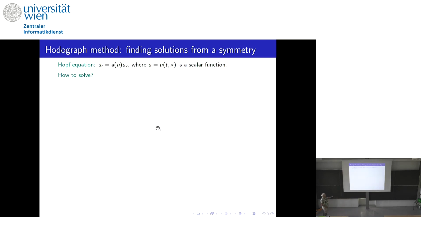So now I come to the main non-Nijenhuis part of my talk, which is a very effective method, the only one possible to use in this situation, due to Tsarev. It's called the hodograph method, and the name these clever people chose is stupid. It has nothing to do with the hodograph as you see it from experimental physics.